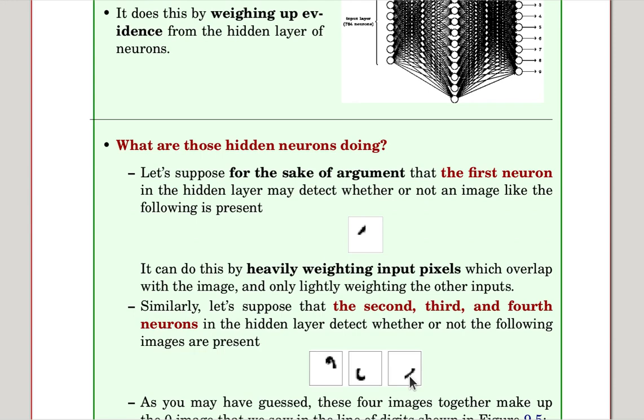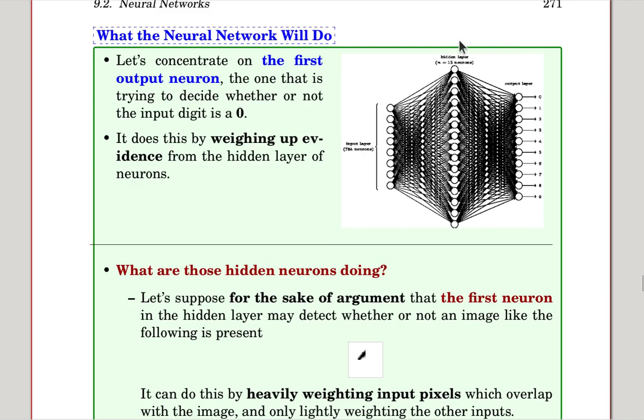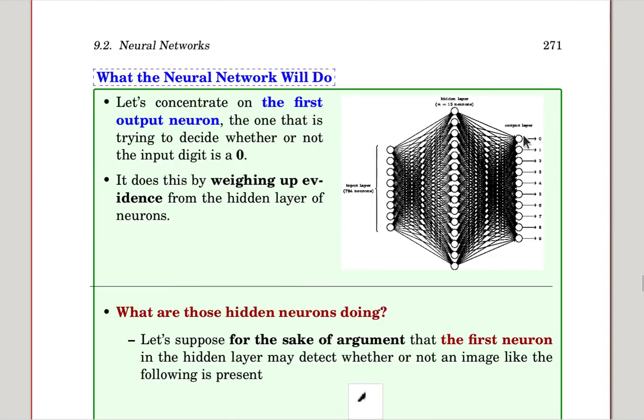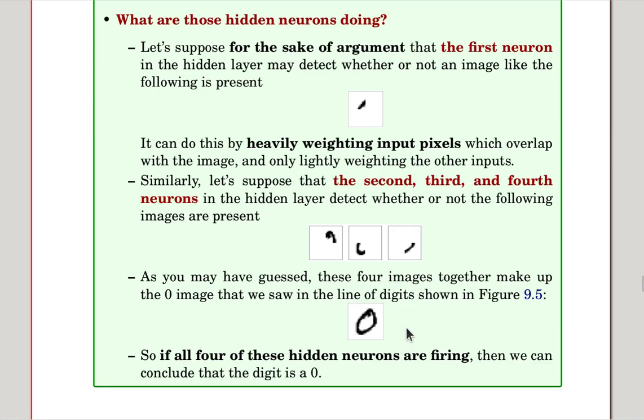Then once the image 0 comes, all these neurons will be firing. Along with that, in the last moment, this unit will decide that its input is 0, right? In this way, complex neural networks work.